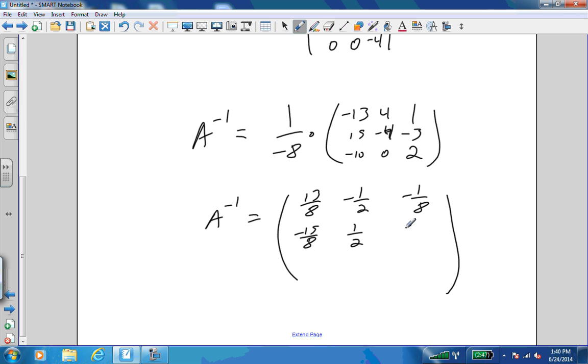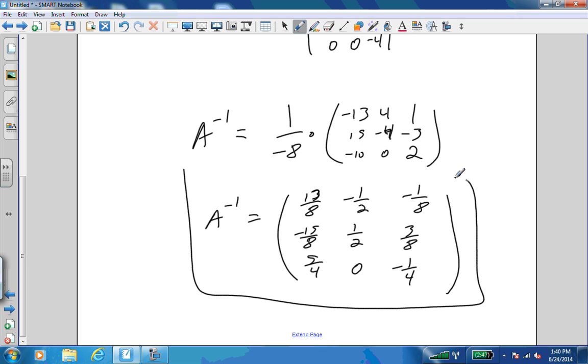Negative 3 over negative 8 is positive 3/8. Negative over negative is positive. That times 0 is 0. That times 2, 2 over negative 8, so negative 1/4. So that should be our inverse of A.